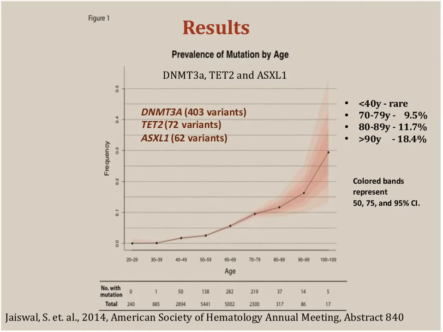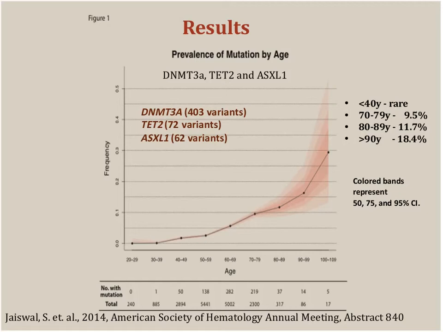17,000 plus patients. You can see that these gene mutations occur in relationship to increased age of patients. They are rare to identify in patients under the age of 40, but there is increasing frequency as patients get older, and it ranges from 9.5% up to 18.5% in those greater than 90 years of age.